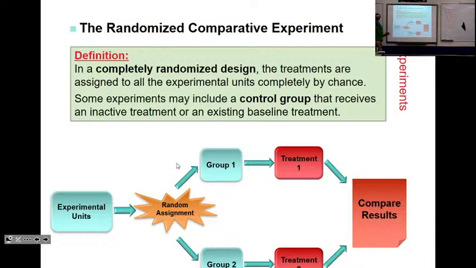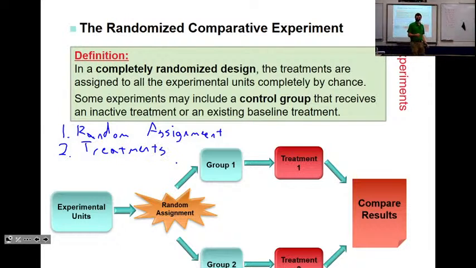If you're describing a randomized design, you will need to say 3 things in your description. Thing number 1 is random assignment. You should say that you're randomly assigning things into groups. The second thing you need to say is what your treatments are.